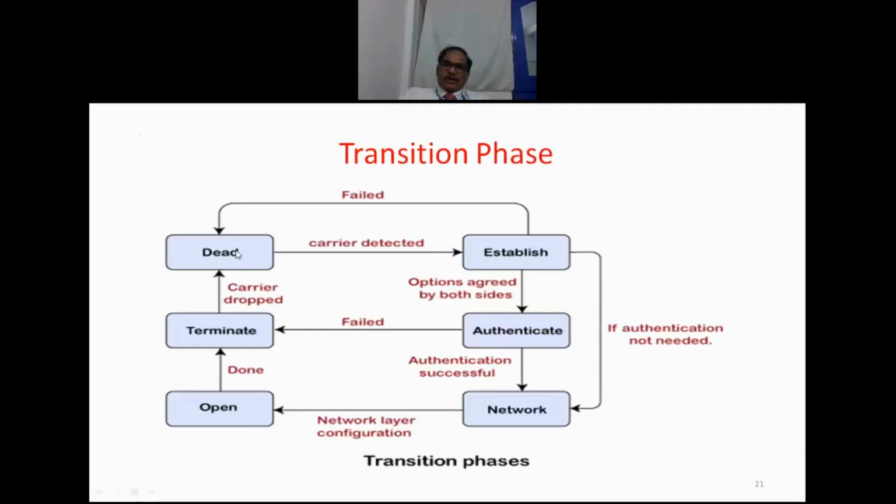Suppose now my mobile is in the idle state, the dead state. The moment I want to communicate with somebody, I will open and dial. Then carrier detect. Then it goes into the established state. If the signal is available, it goes into the established state.